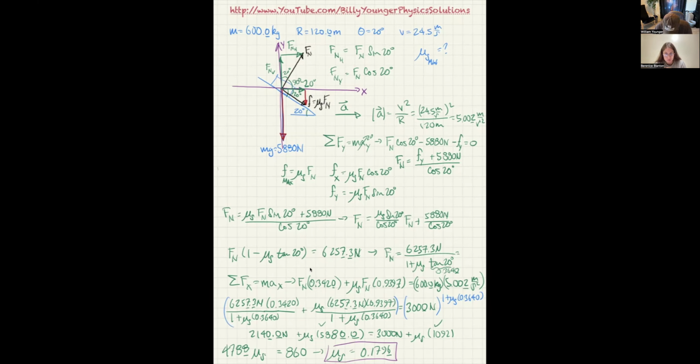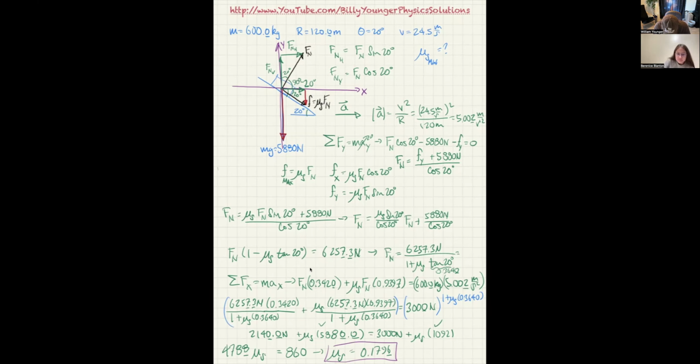We did have this 20-degree angle. We did have this 120-meter turn, 24.5 meters per second, and 600 kilograms. Our friction force, I would assume, is keeping it from launching over the berm, over the actual incline that is the banked curve. So the friction force should be acting down along the curve. I think that's fine. The x component should be a positive one, and the y component should be a negative one.